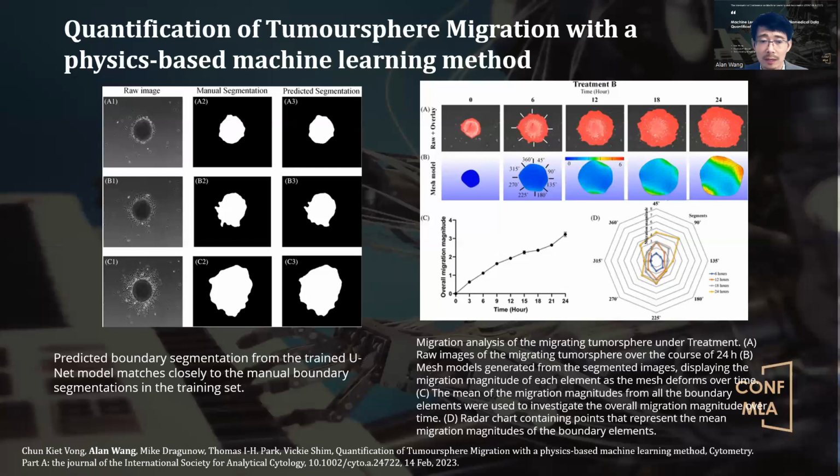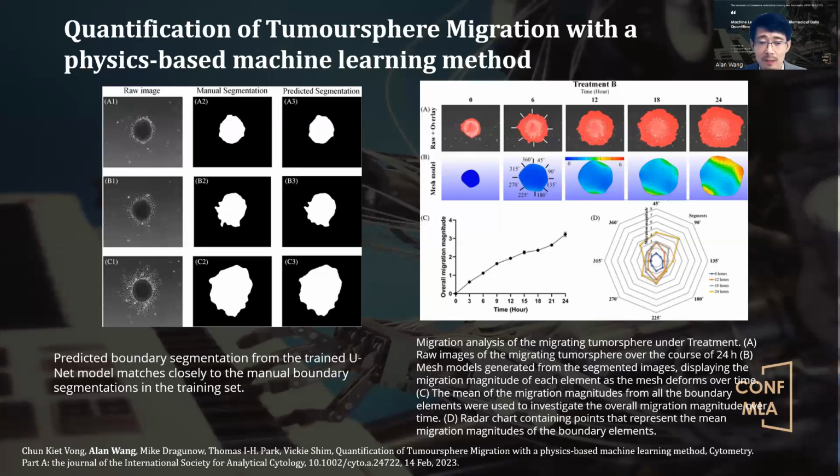For example, figure A shows the raw images of the migrating tumor sphere over the course of 24 hours. With sub-figure B on the right side, we generate some mesh models from the segmented image and also display the migration mechanism of each element as the mesh deforms over time.